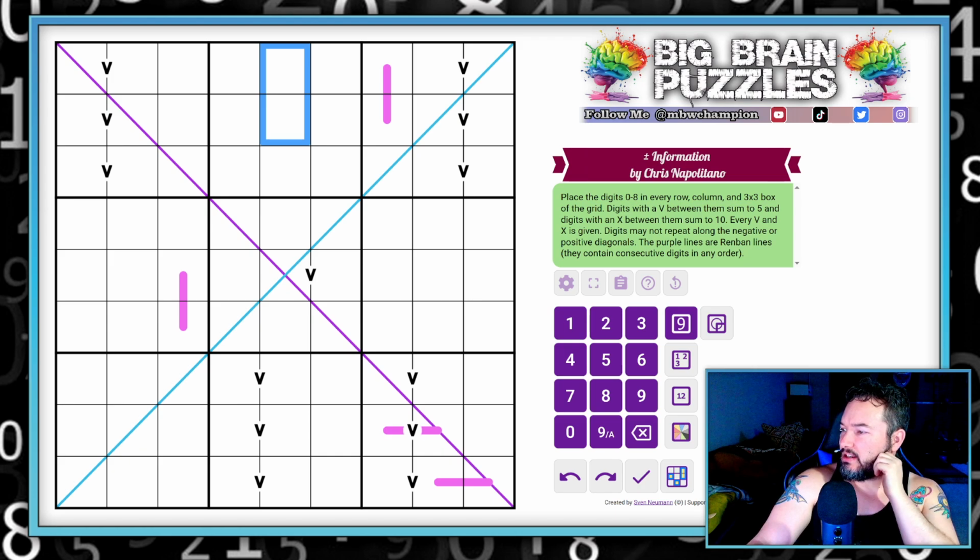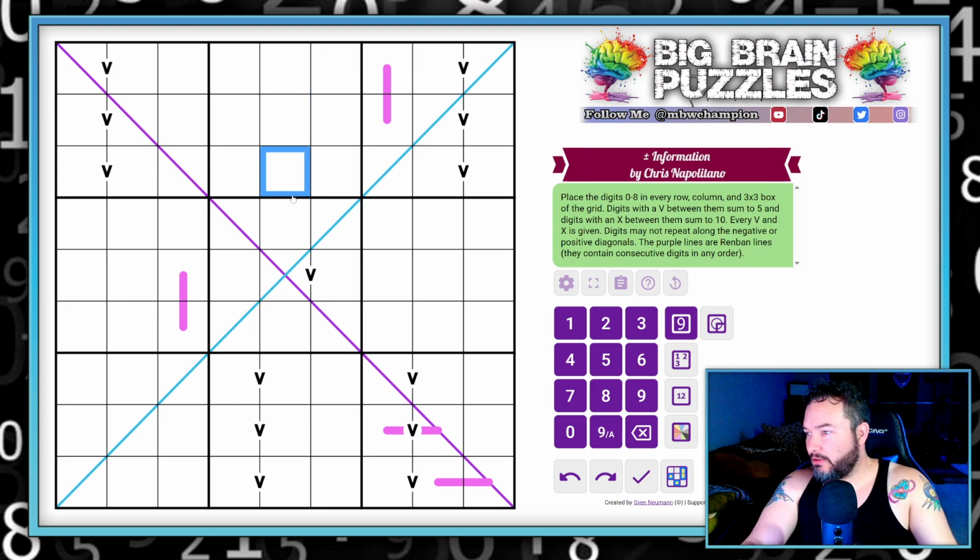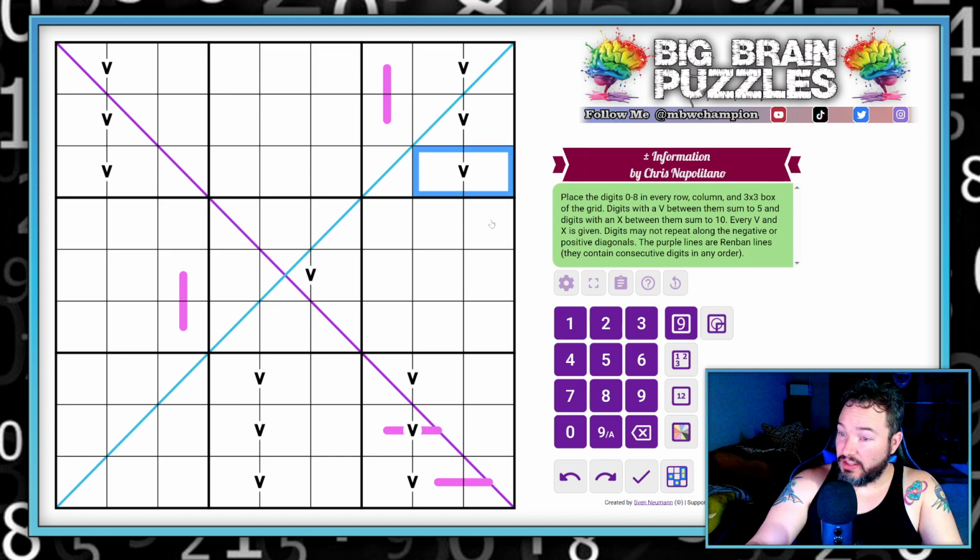So basically, V sums to 5, X is 10. I skipped this part right here: every V and X is given. So this equals 5, but over here this can't equal 5, because all the V's are shown. X's are also given, which means there are no two cells next to each other that equal 10.